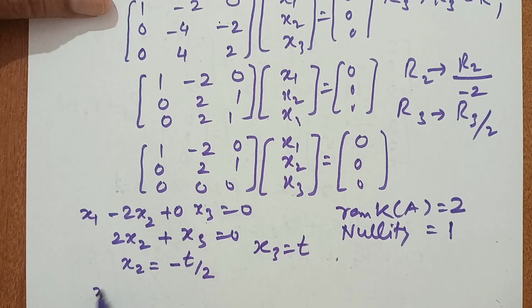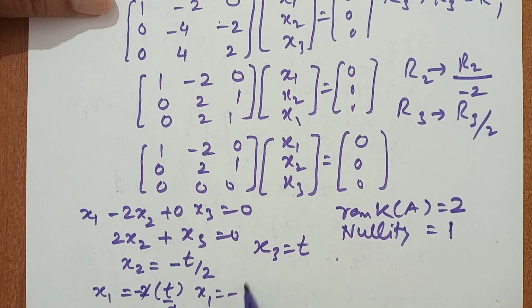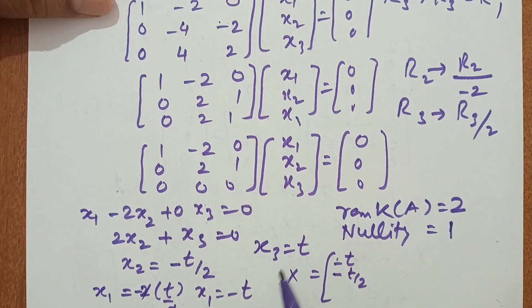And x1 is equal to 2x2, that is 2 into minus t by 2, so the 2s cancel, and x1 is equal to minus t. Okay, so the eigenvector x has x1 equal to minus t, x2 equal to minus t by 2, and x3 equal to t.